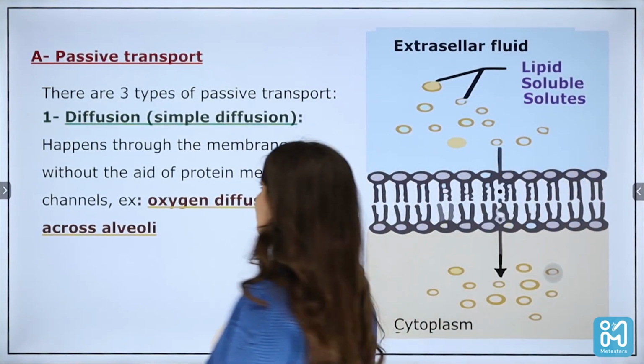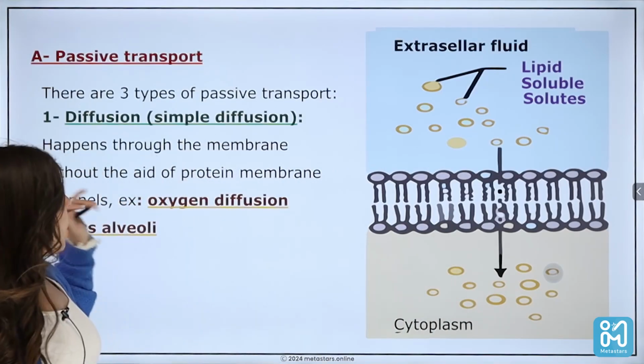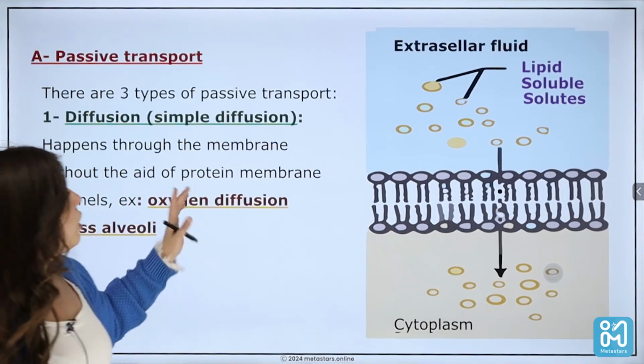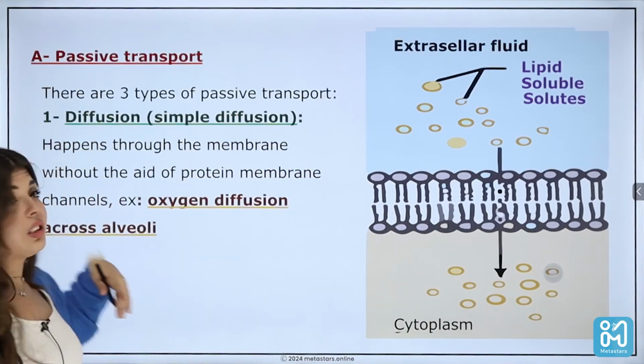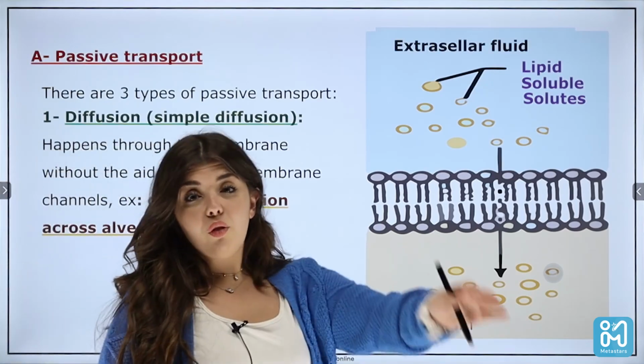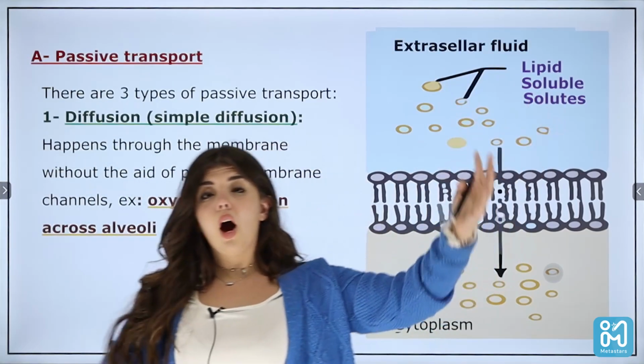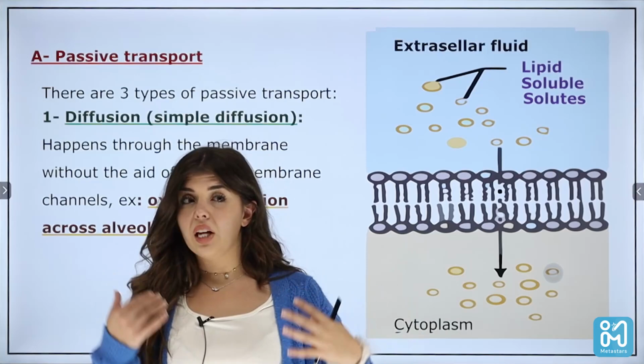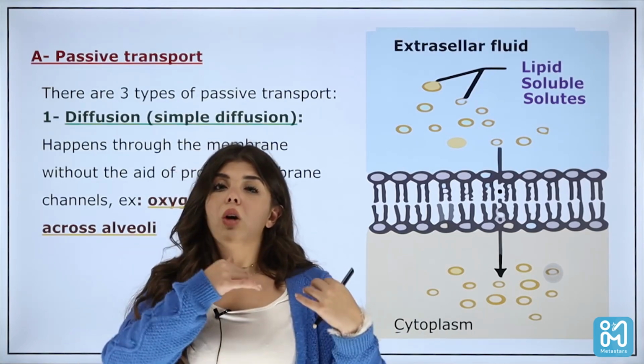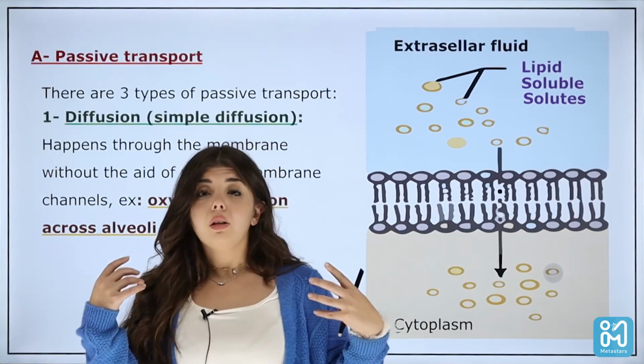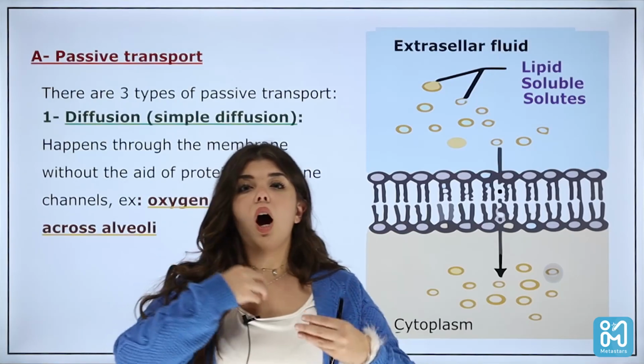Let's go deep. Passive transport has three types. The first one is the simplest, which is diffusion, like the diffusion of oxygen from outside the body to inside the cell. How does oxygen enter our body?